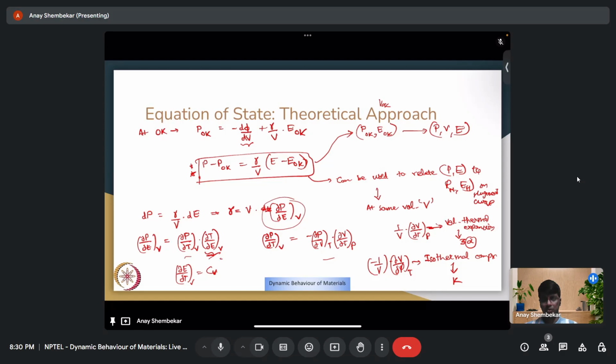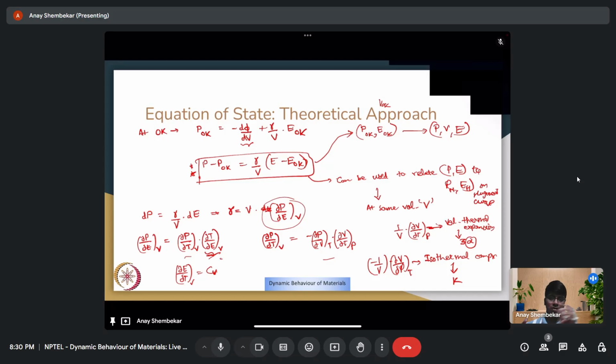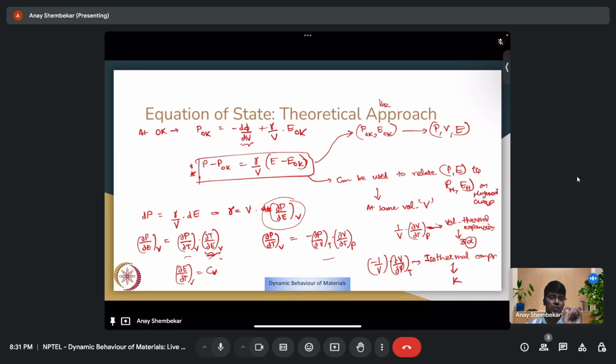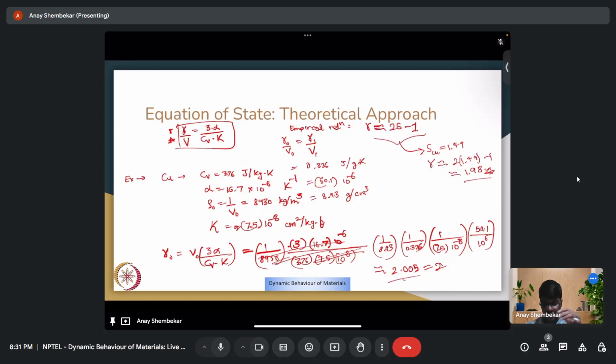Now we did some more jugglery in that equation. We calculate the Grüneisen constant gamma in terms of the partial derivative of pressure with respect to energy at constant volume, and then again playing around with our thermodynamic state variables P, V and T, we end up with an equation that gives us a good approximate for gamma.